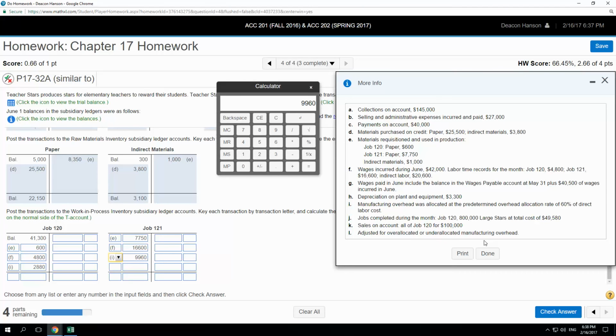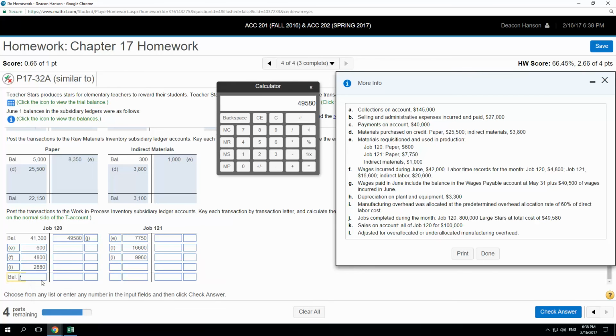Okay, now we have to be careful because it's only job 120 that's completed. So we're going to take job 120, and that's going to be moved out of work in process in item J. Job 121 is not complete, so it's not moved out. So now we'll take balances. We'll start with job 120. And of course that zeroes out. I added up the debits and it equals this credit.